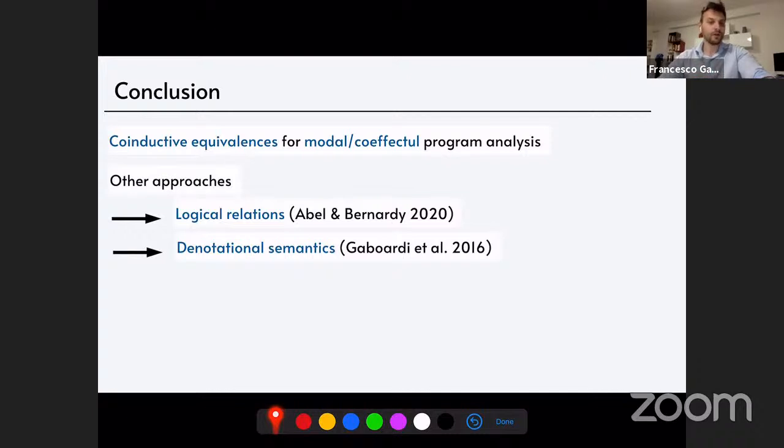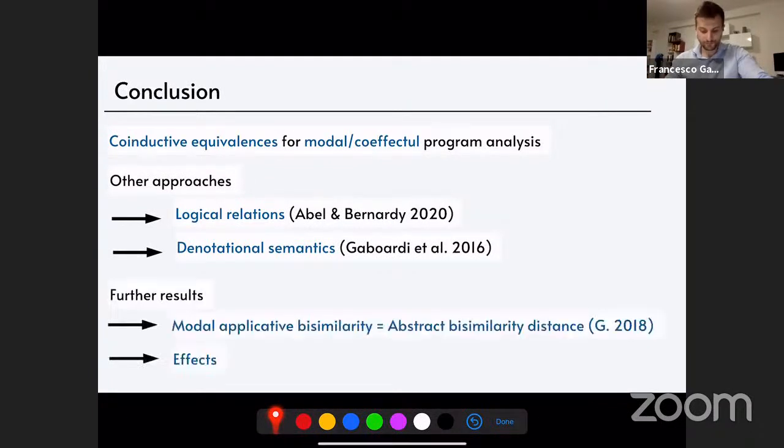Or you can even go beyond the realm of program equivalence, and you can, for instance, move to denotational semantics. And in that case, there are the works by Marco Gaboardi, Dominic Orchard, and others on denotational semantics using comonads for this sort of calculi.